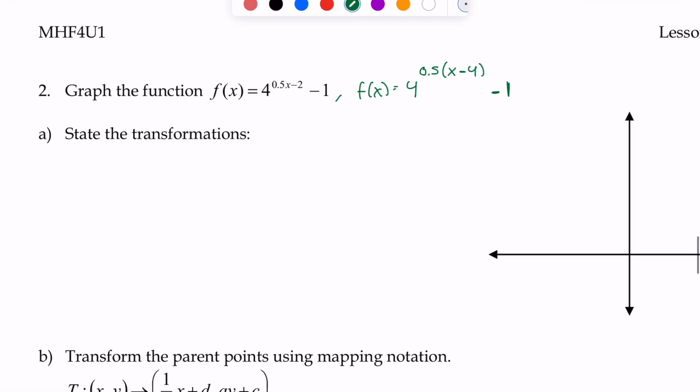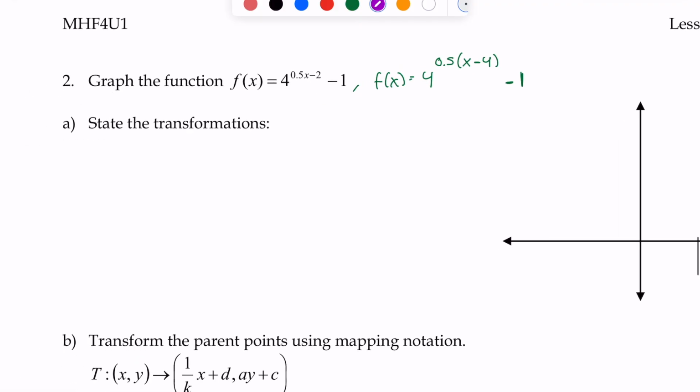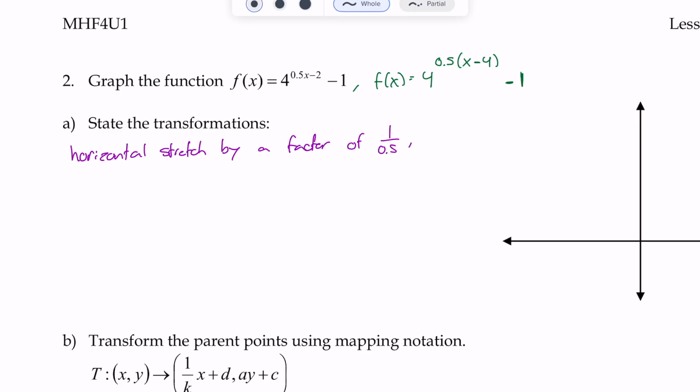Okay, so now state the transformations. Well, this k right here being 0.5 is going to cause our function to have a horizontal compression, or sorry, stretch, by a factor of 1 over 0.5, so 2.